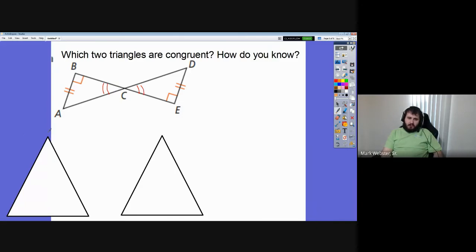So now let's work this out. Well, hold on a minute. This doesn't look right. This isn't right angle hypotenuse leg. I only have the one pair of sides.